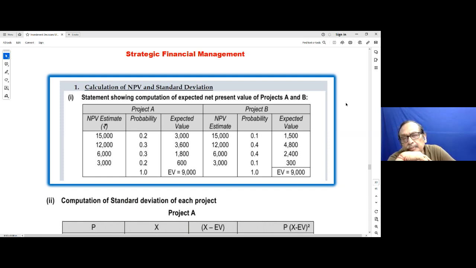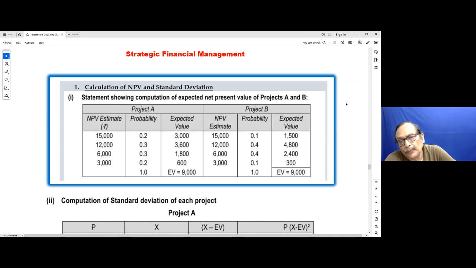NPV estimates multiplied by probability give the expected value. Similarly, for project B, we have NPV estimate, probability, and expected value.